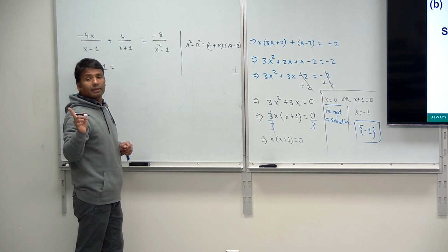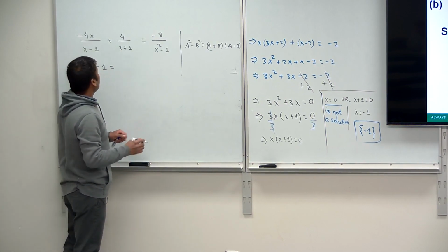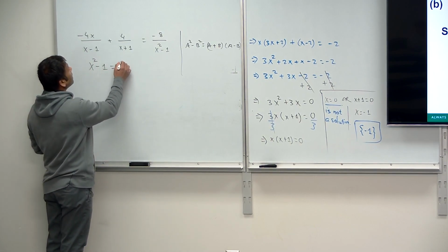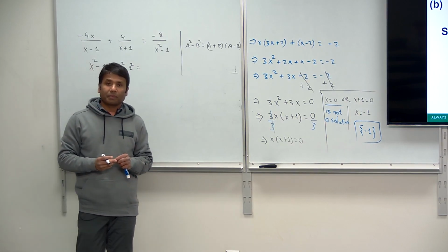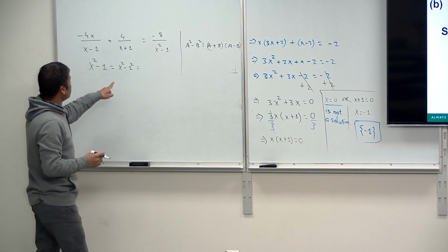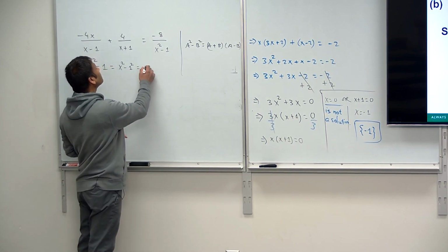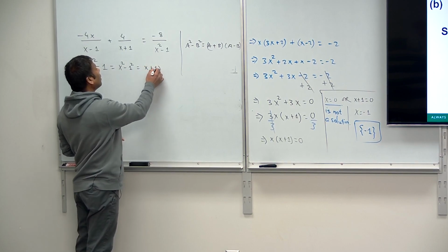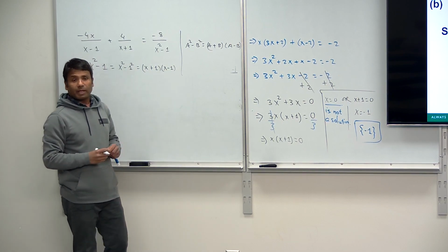You see that? So now here x squared minus 1 is the same as x squared minus 1 squared, right? So what are the factors of x squared minus 1? x plus 1 times x minus 1, right?